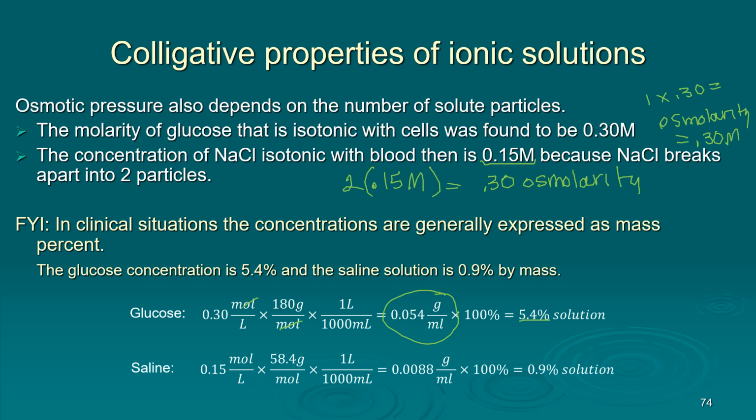Notice that even though they're very different amounts, they all have the same osmolarity, which makes them all isotonic with each other. And of course, if you had some other solution, sodium carbonate, or calcium sulfate or something, you would have to figure it out individually.